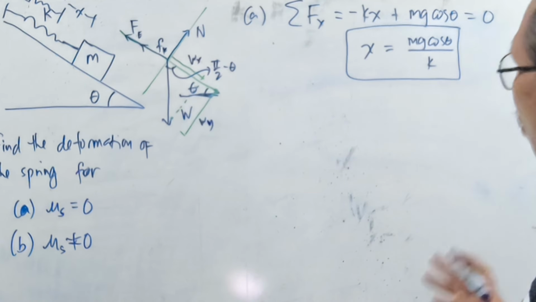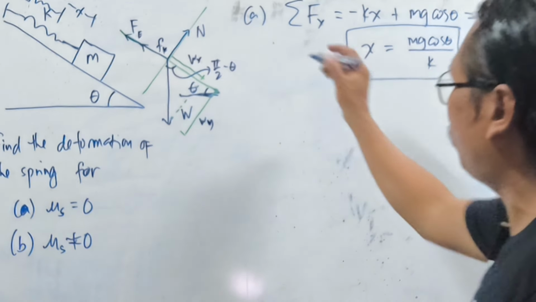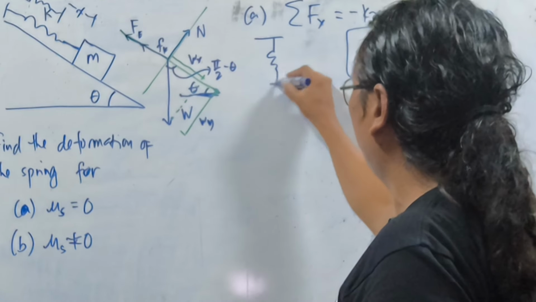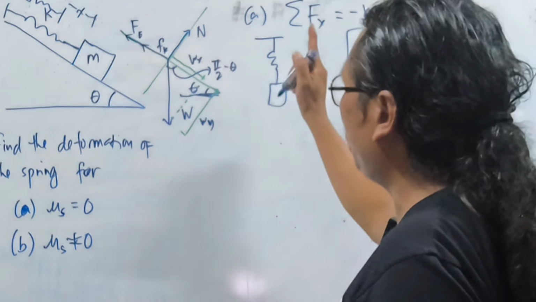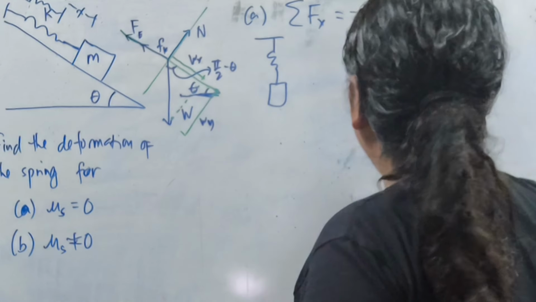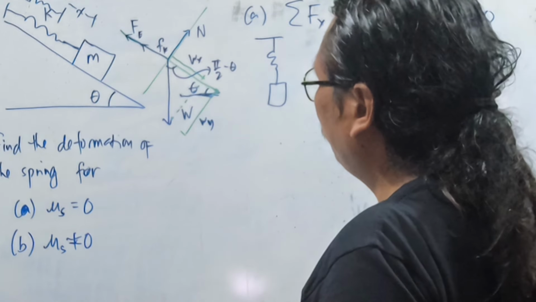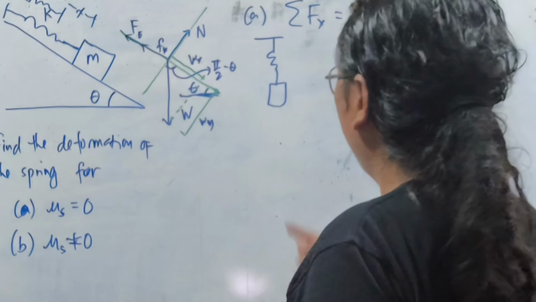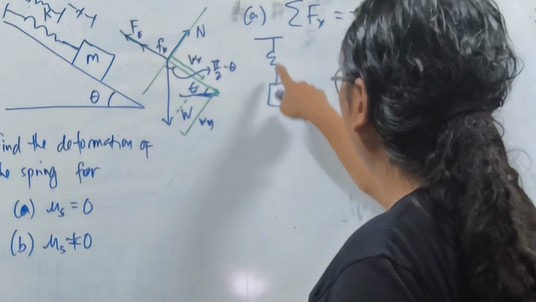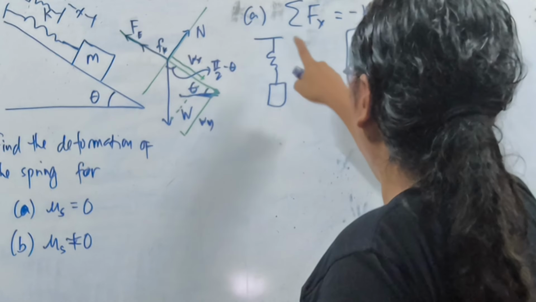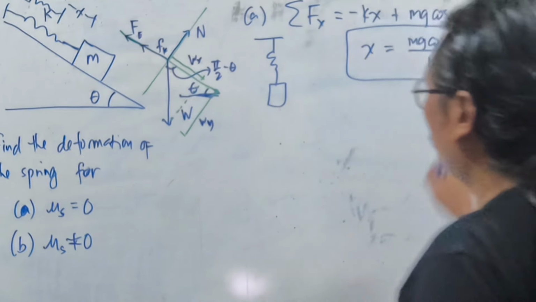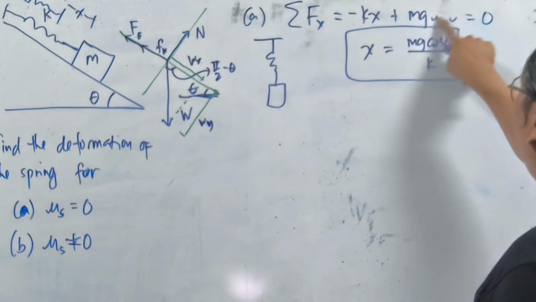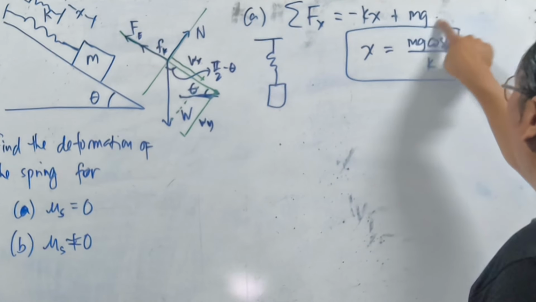Now, what if the mass is just hanging? Well, in this case, what is our theta? Sorry, this is not cosine theta, this is cosine of pi over 2 minus theta.